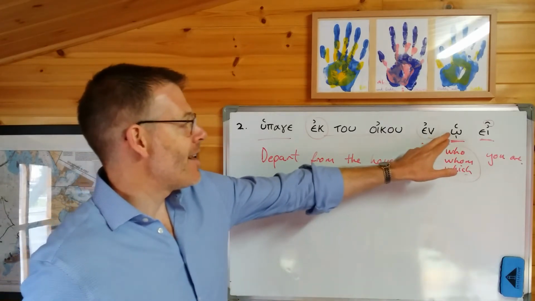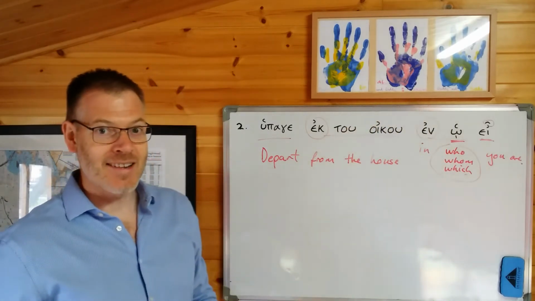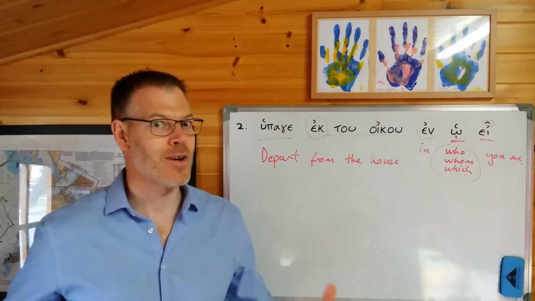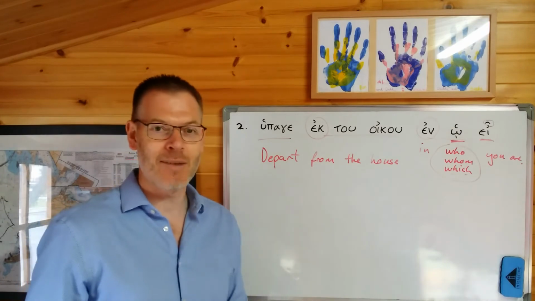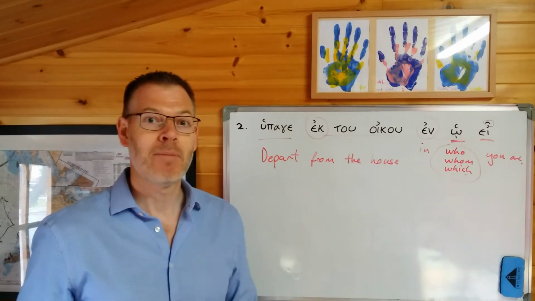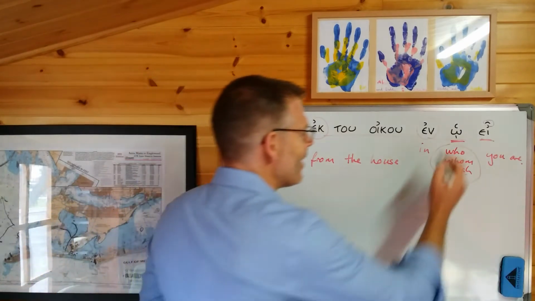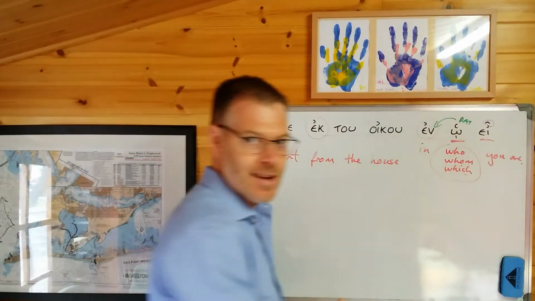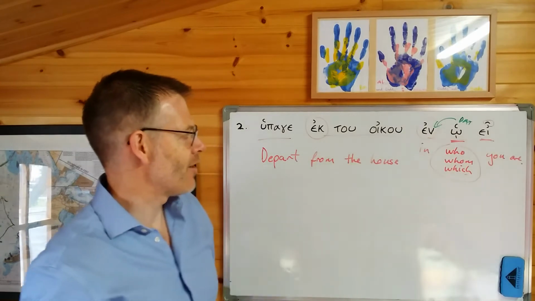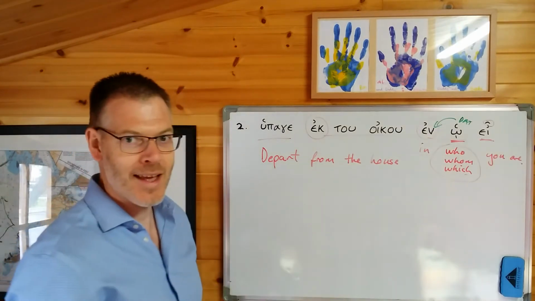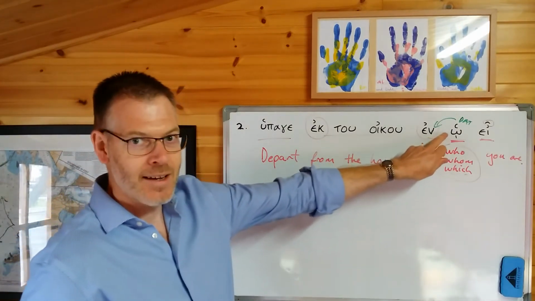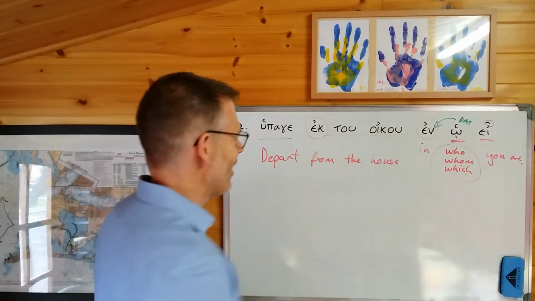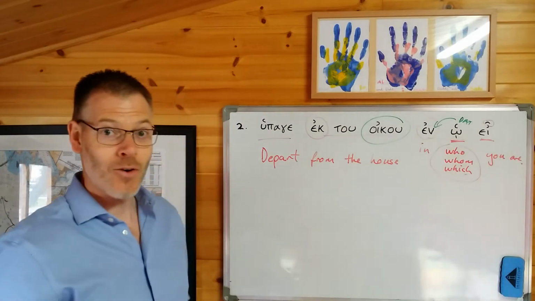So it needs to match with its antecedent, but it doesn't generally match in case with its antecedent. The previous example, it just happened to, but on this occasion it doesn't. This is dative because of this. But what's the antecedent of it? Well, what does it match with in the sentence? It's singular and it's masculine. Can you find anything else over here that's singular and masculine? Of course you can. Oikos.